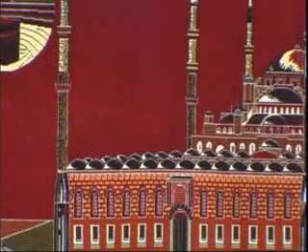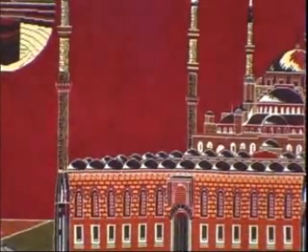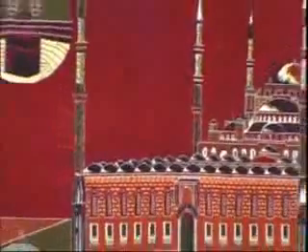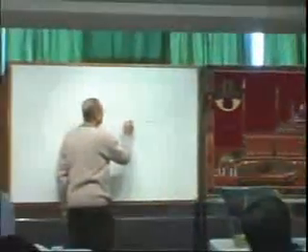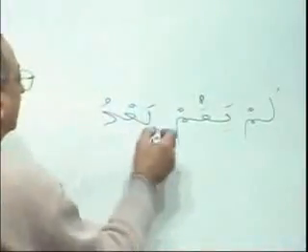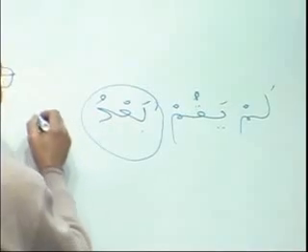Yaqum. Lam yaqum ba'du. Not yet. What will you say? Lam yaqum ba'du. Remember ba'du? Let me write down, brother. Lam yaqum ba'du. What is the meaning of ba'du? Yet.